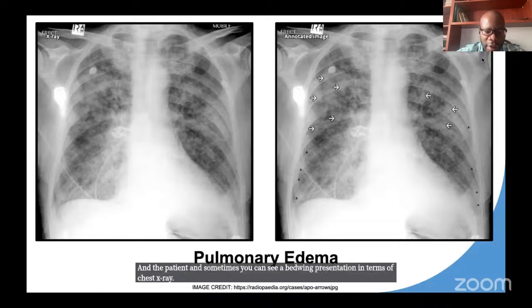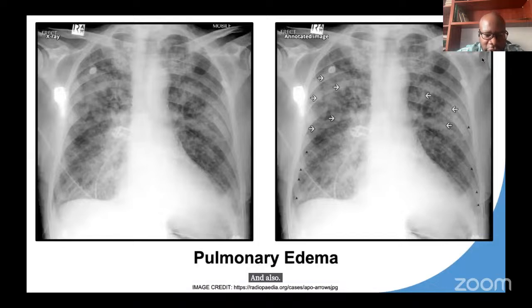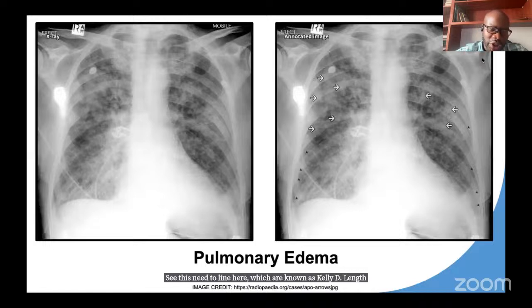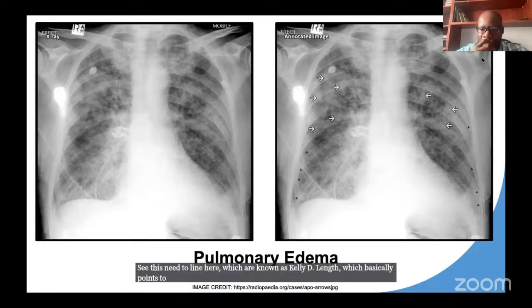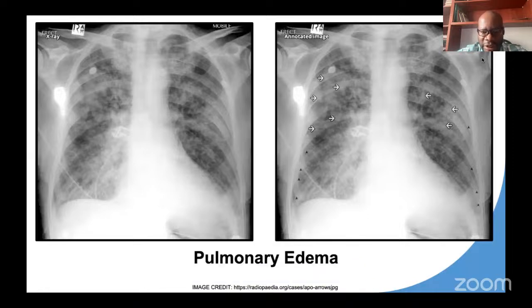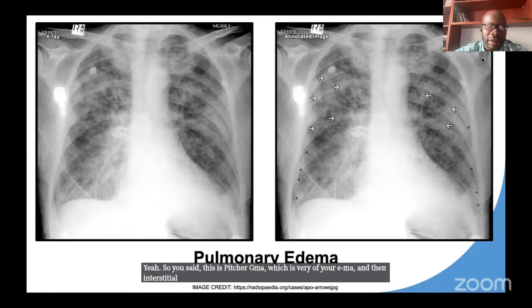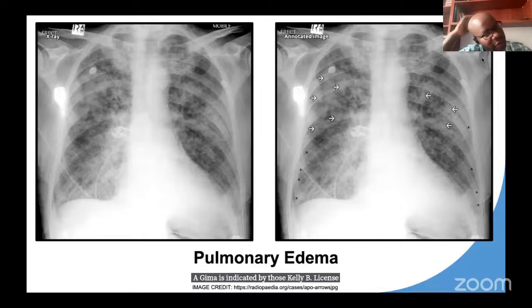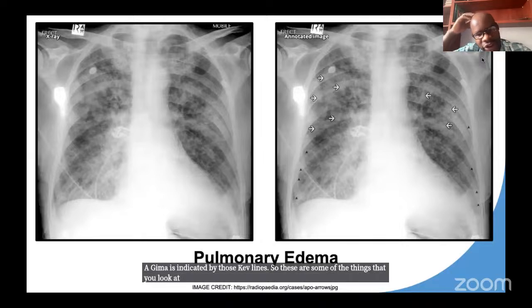And also, if you look here, you see these little lines, which are known as Kerley B lines. We said this is alveolar edema, and then interstitial edema is indicated by those Kerley B lines. So these are some of the things that you look at when you are looking at a radiograph.